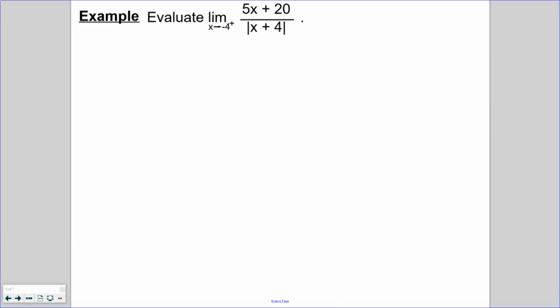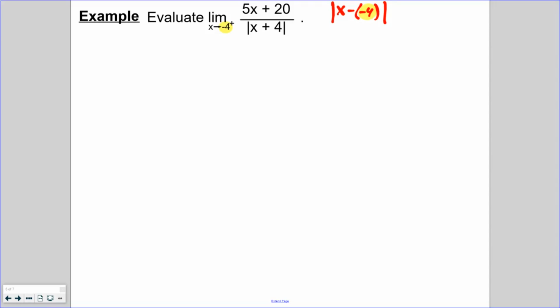All right, so our next example asks us to evaluate the limit as x approaches negative 4 from the right of 5x plus 20 over the absolute value of x plus 4. So even though we're looking at a one-sided limit, in this case limit from the right, we still need to find our a value for our absolute value function. And here we have x plus 4, which we're going to be able to rewrite as x minus a negative 4. And just like in the other examples, we can see that the a in the absolute value matches the a that our limit is approaching.